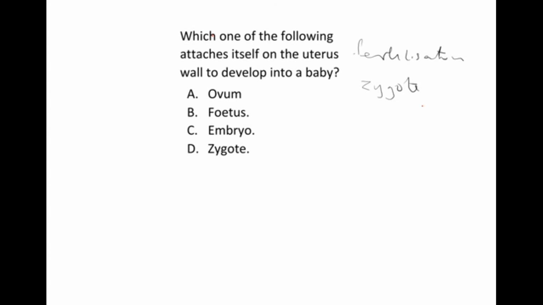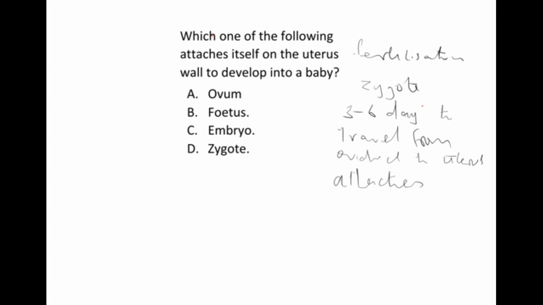This zygote takes around 3 to 6 days to travel from the oviduct to the uterus. Once in the uterus, it attaches itself there. The process of attachment is called implantation.